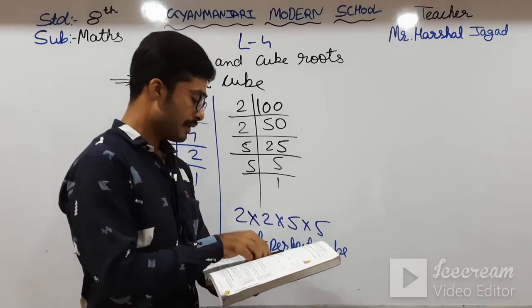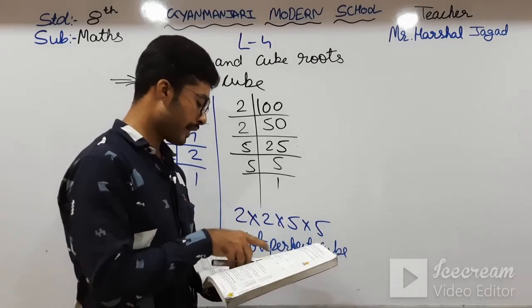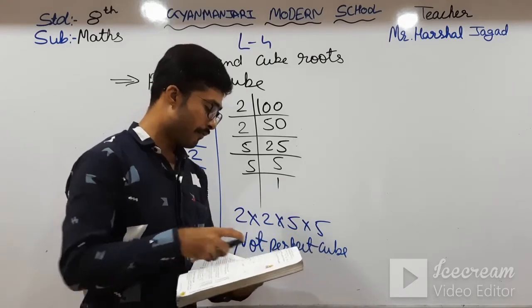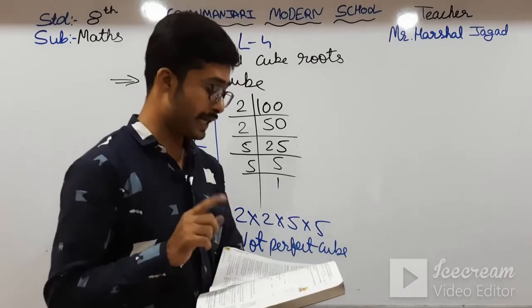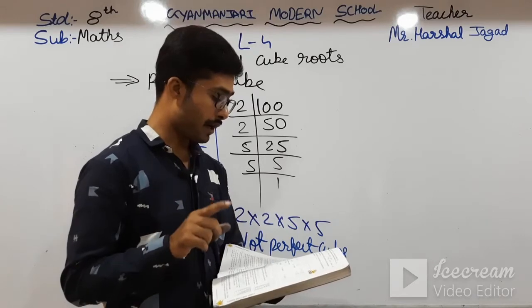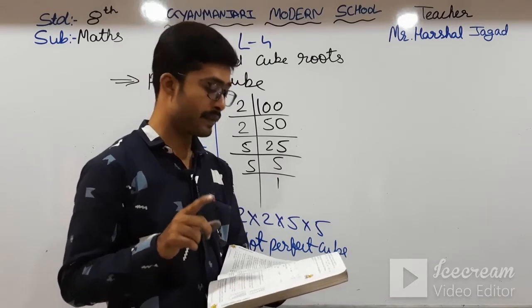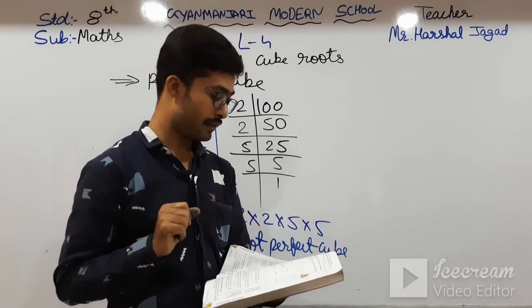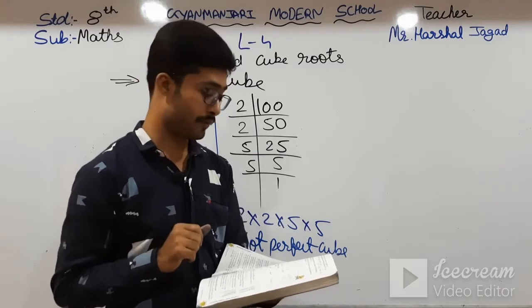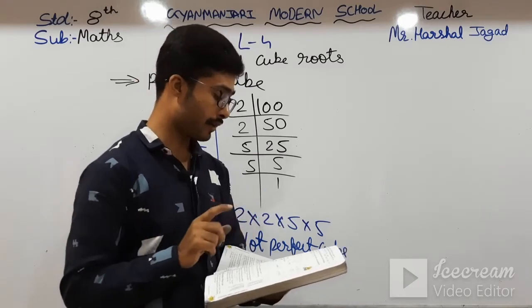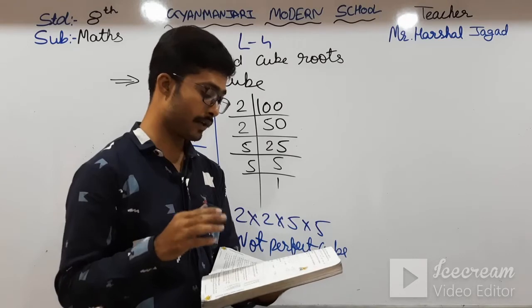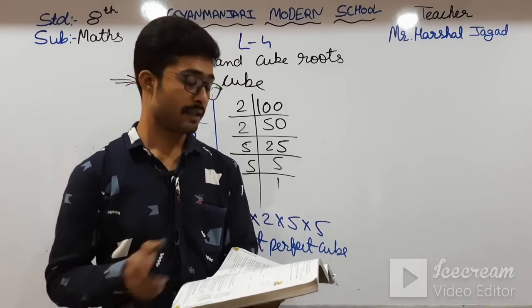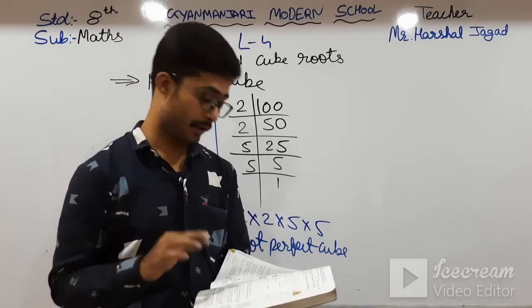So, here are the examples of perfect cubes: 8, 27, 125, 343, 512. These are the perfect cubes. And not perfect cubes are 30, 65, 121 and 625. These are not perfect cubes.